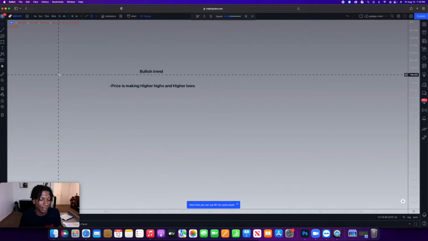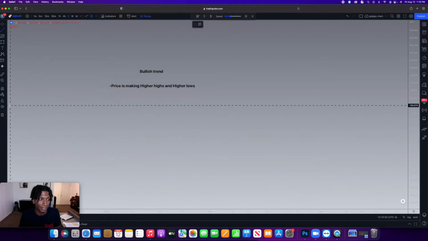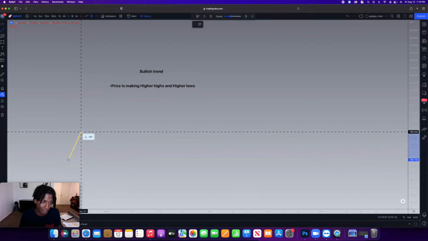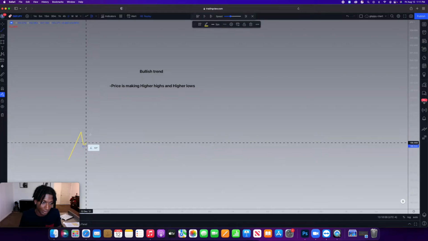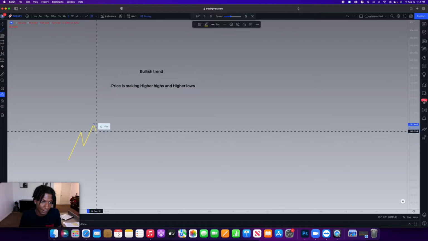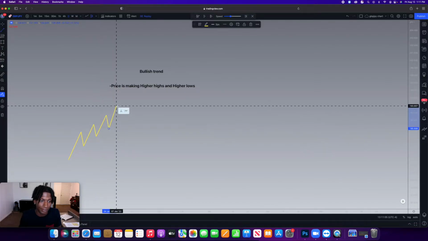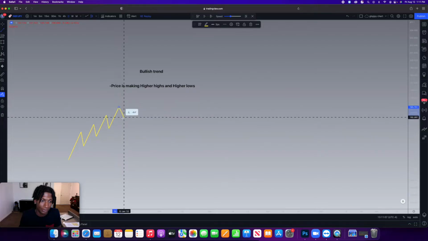So within a bullish market, these higher highs and higher lows look like this. You will see them looking like this. Higher lows, higher highs, and higher lows.